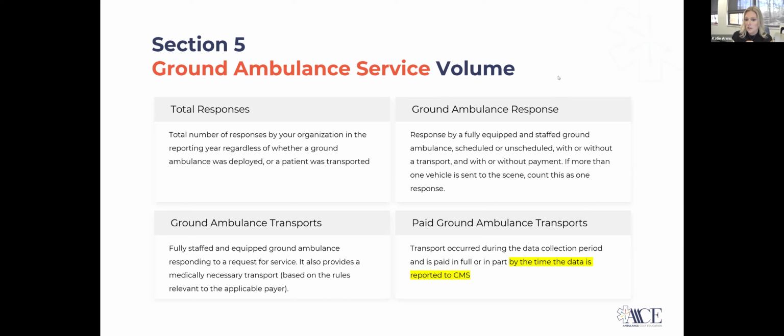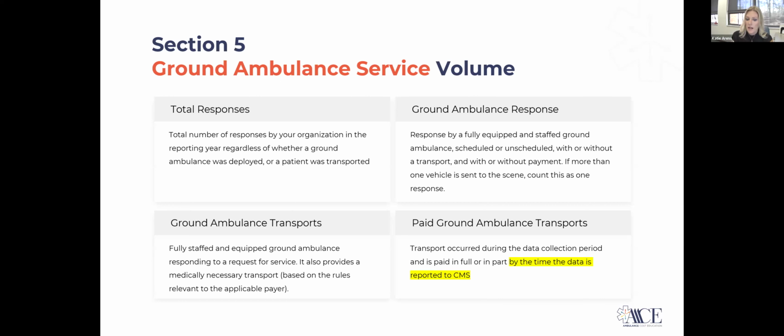It was either scheduled or unscheduled, with or without a transport. So we're not interested here if you actually transported the patient, but you arrived on scene with a ground ambulance. If more than one vehicle is sent to the scene, you're going to count that again as one response. So think of like an MCI situation. You might send 6 ambulances to that scene, but that's going to count as one response.